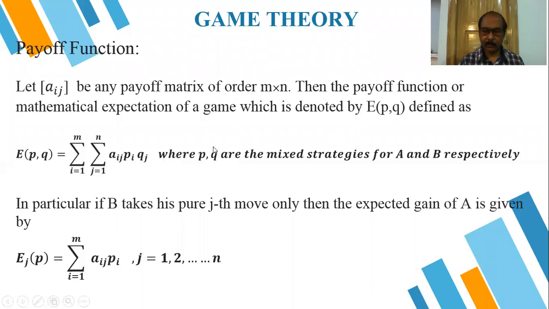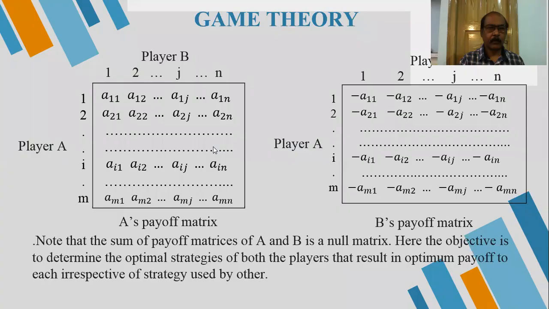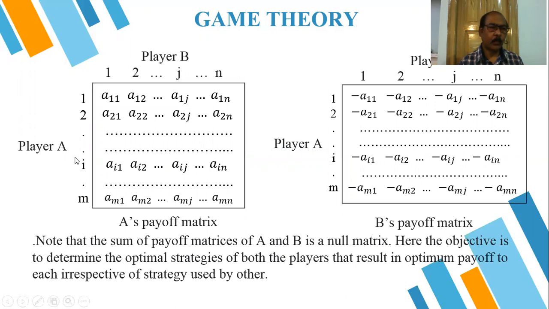If I take P1, P2, P3 up to Pm as the probabilities of selecting strategies 1, 2 up to m for player A, then Pi is the probability of selecting the ith strategy, so the summation of Pi is equal to 1.